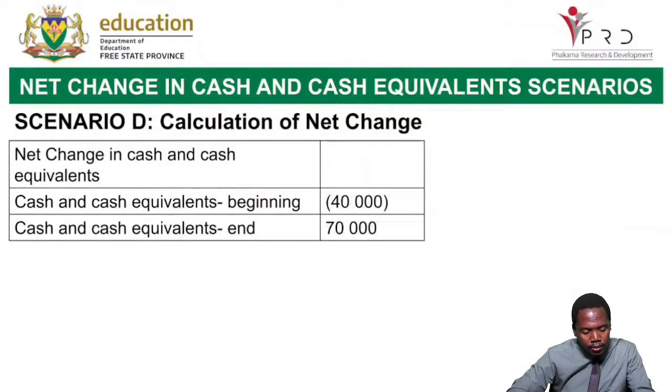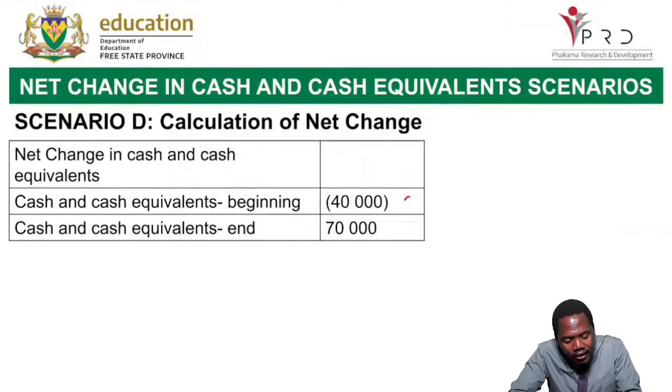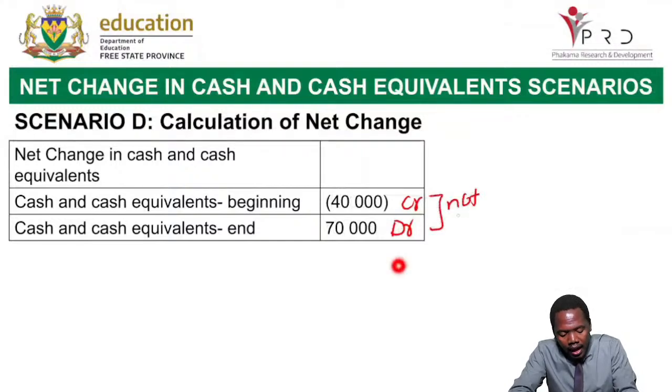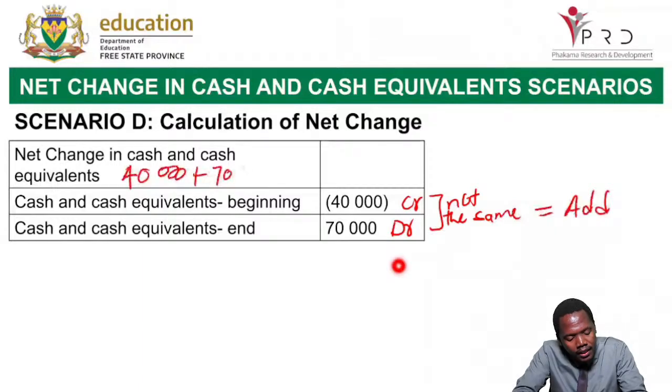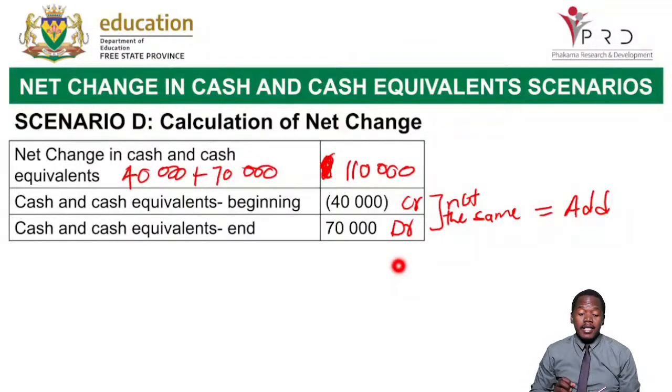Now let us look at the next one now. The opening balance is a credit. The closing balance is a debit. Signs are still not the same. What do I do if signs are not the same? I add them together to get my net change. So meaning I will say now 40,000 plus 70,000. Then my answer becomes 110,000. Now my 110,000 will now be what?